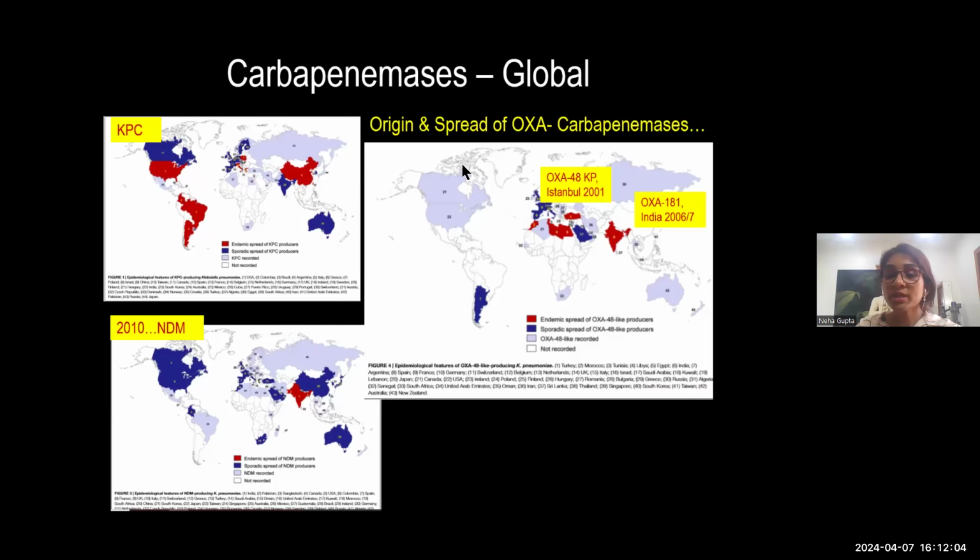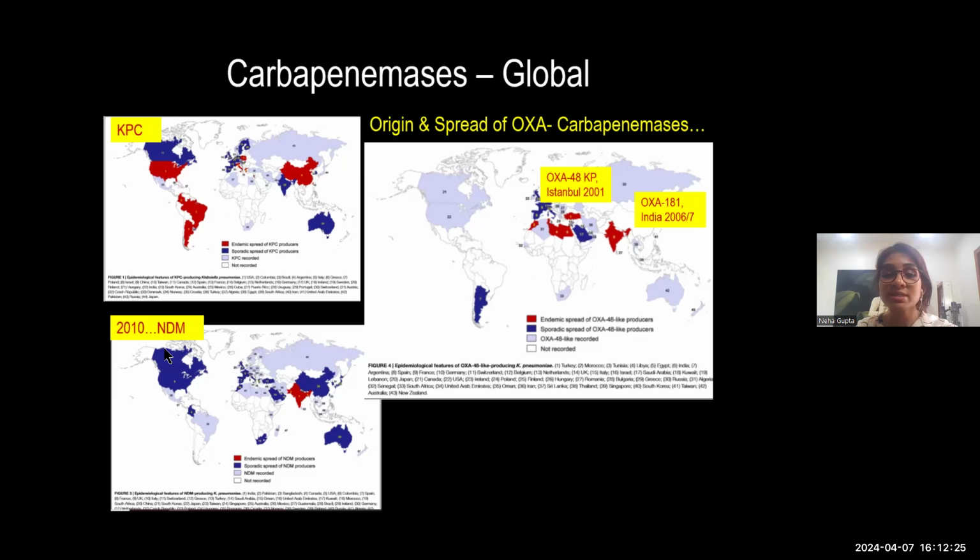Where are these carbapenemases usually found? The first one we always heard of was KPC, but it is usually seen in the USA and in our neighbor, China. In 2010, the first publication on NDM was from Dr. Kamala Rodrigues and Dr. Rajiv Soman.